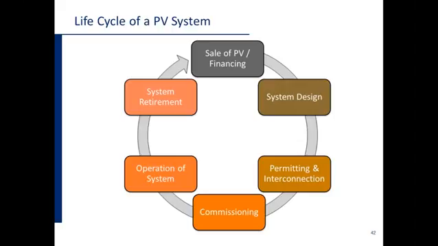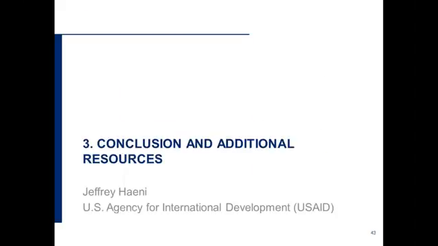But just keep in mind, utilities typically design their systems where equipment is expected to be operating for at least 30 years, and PV systems aren't quite that long today, so that whole life cycle may be closer to 15 or 20 years. All right, with that, I think I'll turn the presentation back over to Jeff.